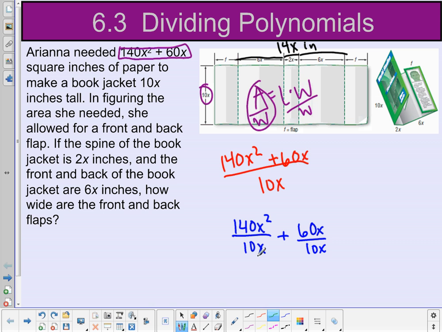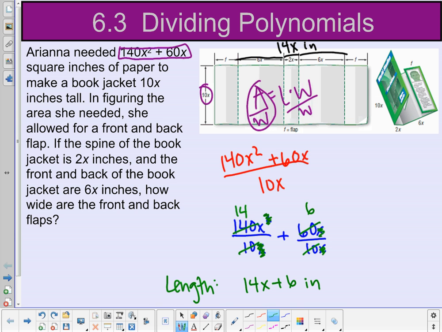X squared over x, this 1x is going to cancel out, leaving you with a 1x left on the top, and 140 divided by 10 is 14. Over here in the second one, x over x is going to go away, and 60 divided by 10 is going to be 6. So that means that the total length of the book jacket is 14x plus 6 inches.